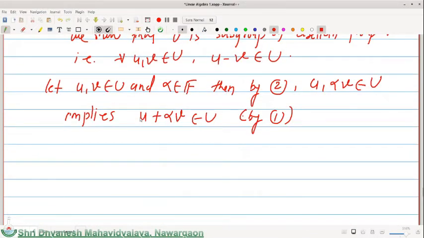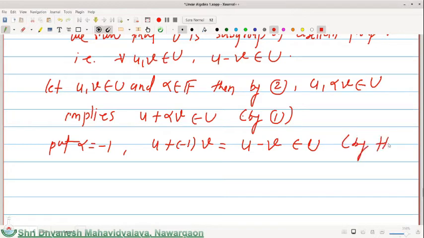So now u plus alpha v is a member of U, and as alpha is a member of F and F is a field, we put alpha equals to -1. And what will we get? u plus -1 v, which is the same as u minus v, belongs to U. By theorem you can write, because this we have proved in the last theorem.